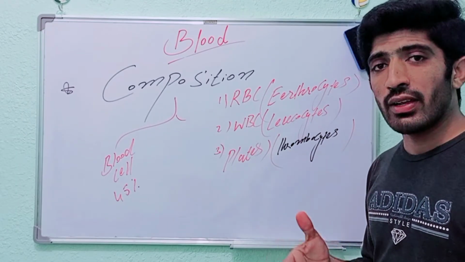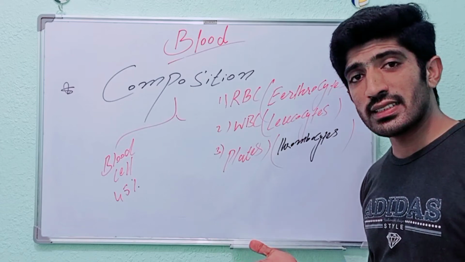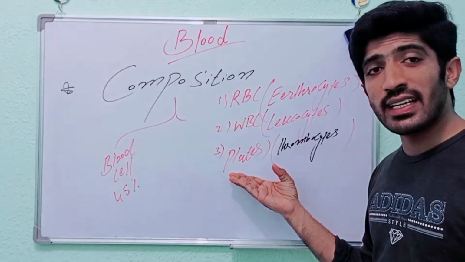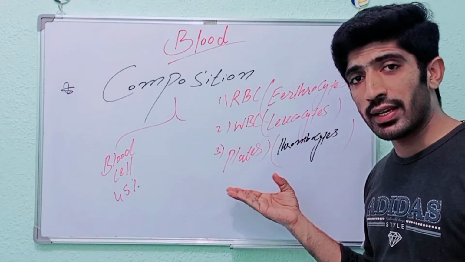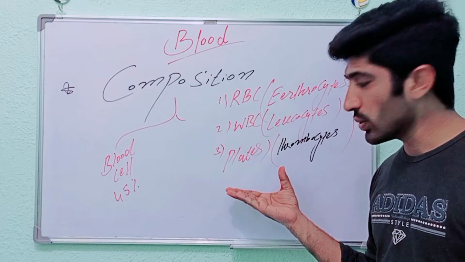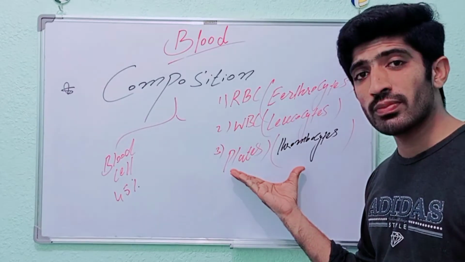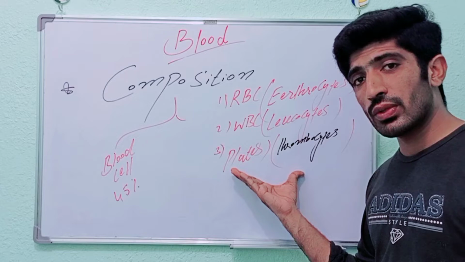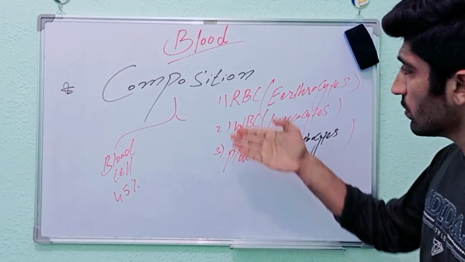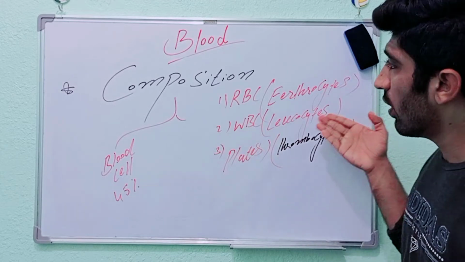For example, when any part of our body is injured, your blood vessel is injured, then these platelets help to stop the bleeding. They make a clot at the injured part. So these are the three cells of the blood.